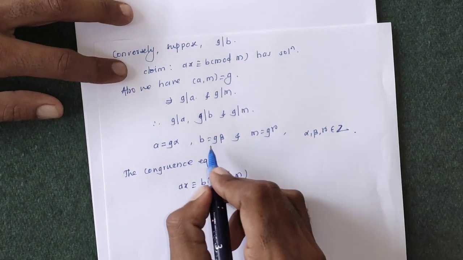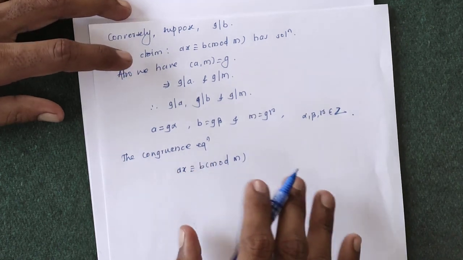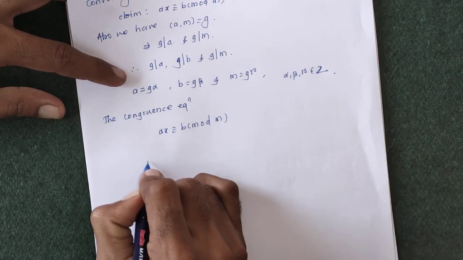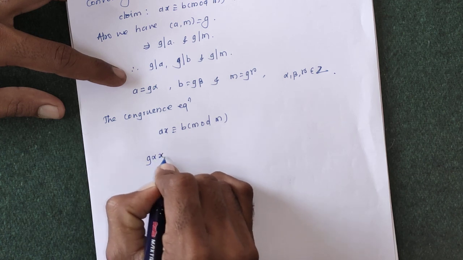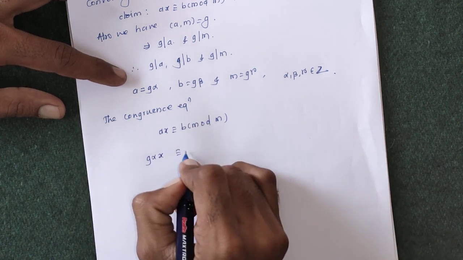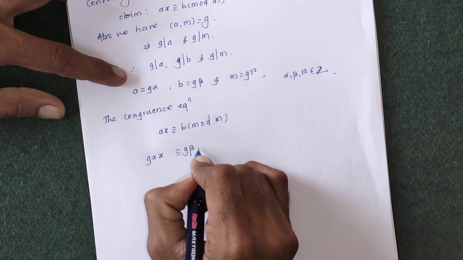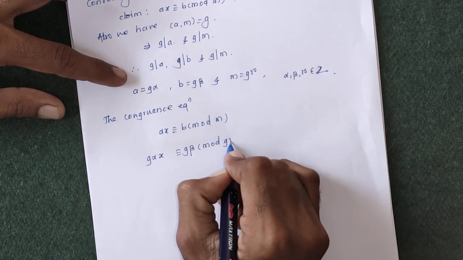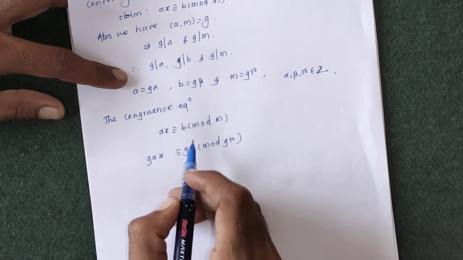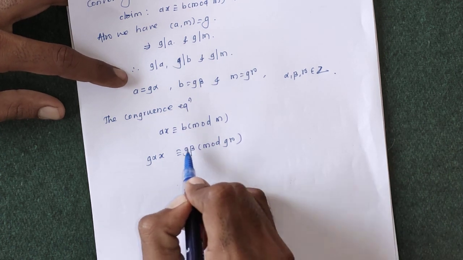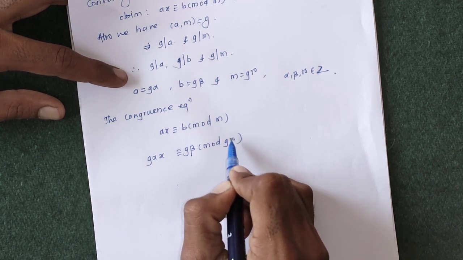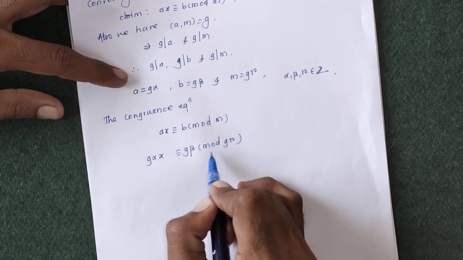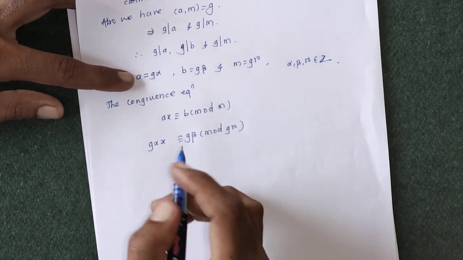Substituting these, we get another equivalent congruence: G alpha x is congruent to G beta under modulo G gamma. Now we have the result: Ax is congruent to Ay modulo M if and only if x is congruent to y modulo M upon GCD of A and M.